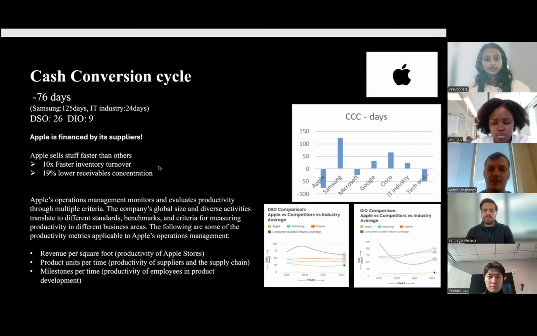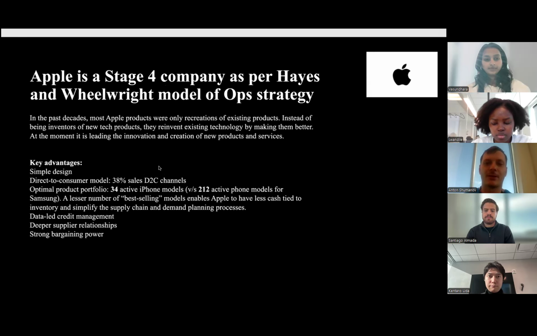Also, next slide, please. Apple has come a very long way from a company that makes better products to becoming a leader now in research and development of new technology.